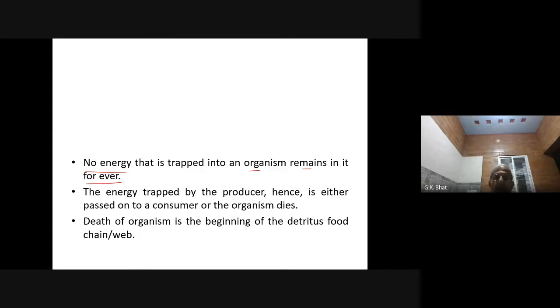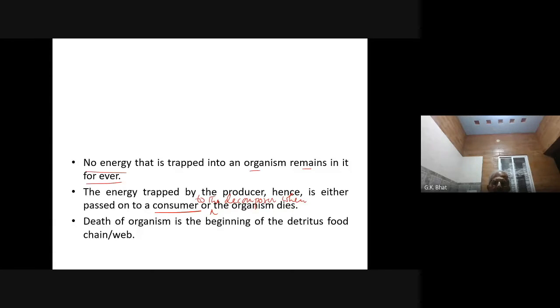The energy trapped by the producer is passed on to a consumer or to the decomposer when the organism dies. You please add this in your book. Either it is passed on to a consumer or to the decomposer when the organism dies.